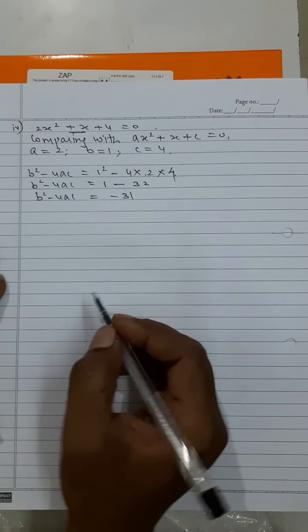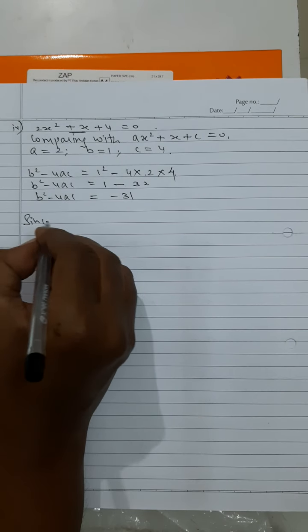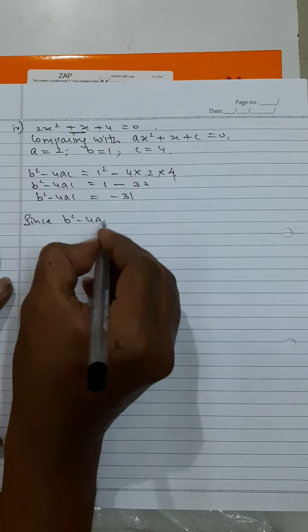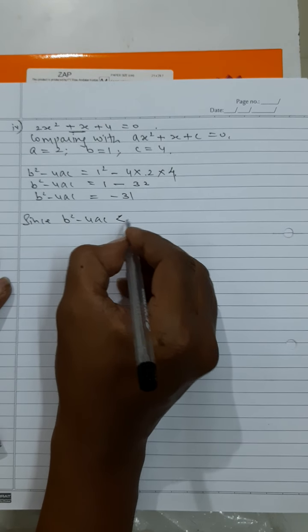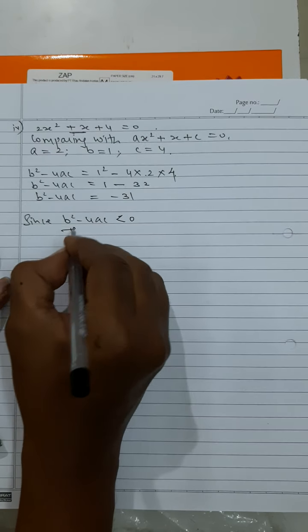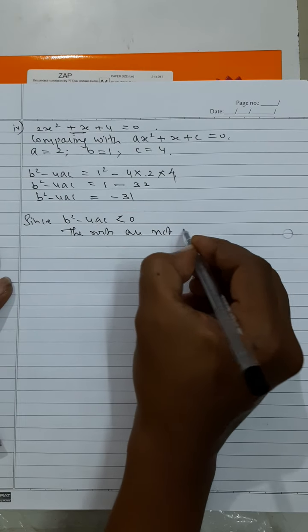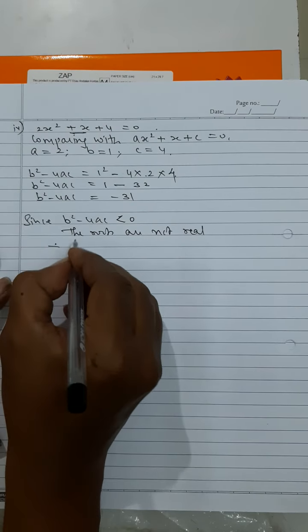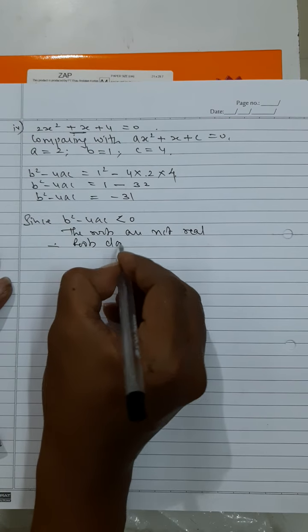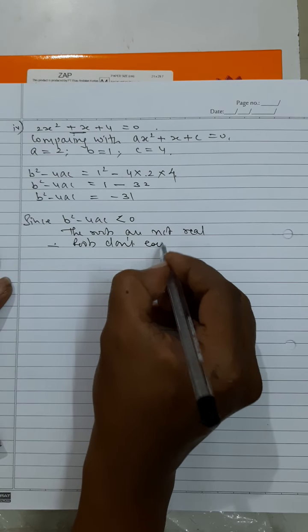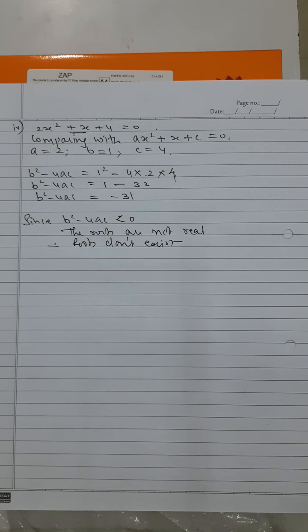So here we will get, since b square minus 4ac is less than 0, the roots are not real. Therefore, roots don't exist.